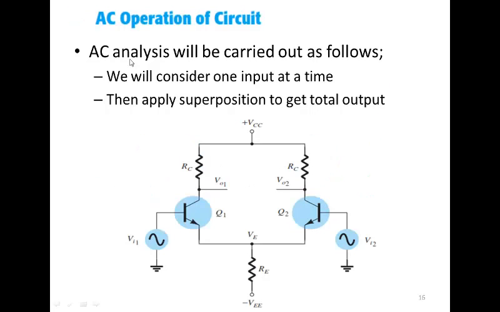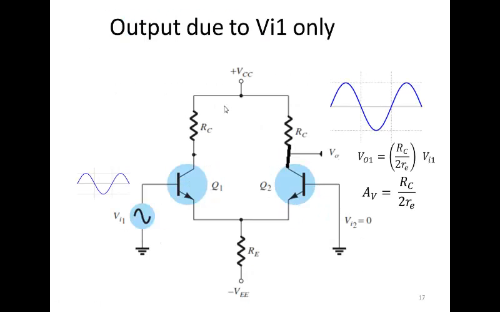This we have already said that for AC analysis, we will consider one input at a time, then we apply superposition. So again we can see this same phenomenon where if I apply an input signal at V1, at the output I will get an amplified output, and these two signals would be in phase.